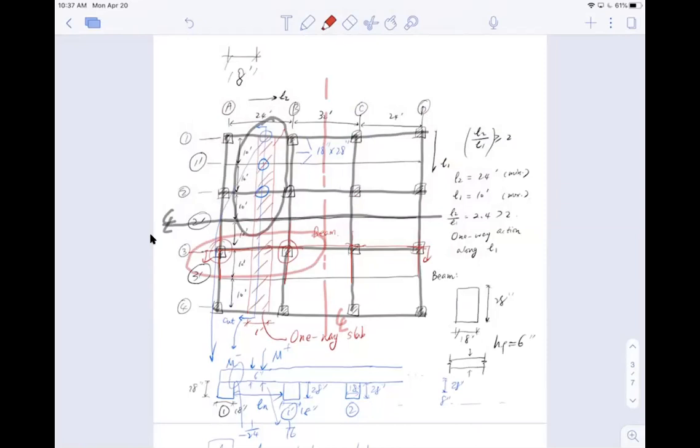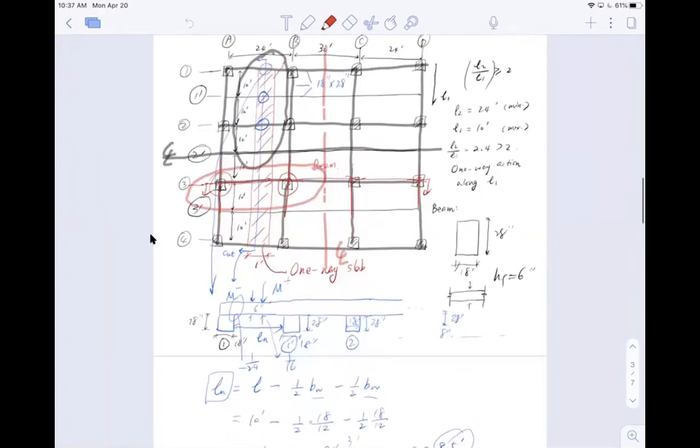Actually, I had one more question. For the beam design, the beam also has the weight of the slab on top of it, right? You need to consider that.